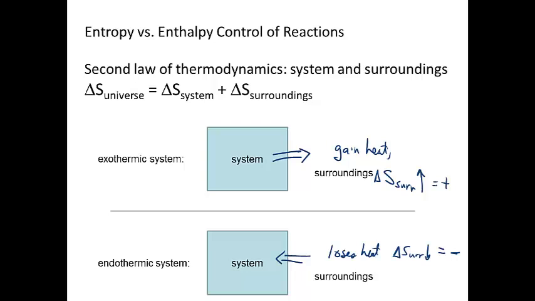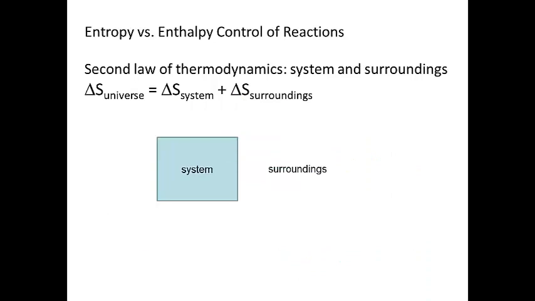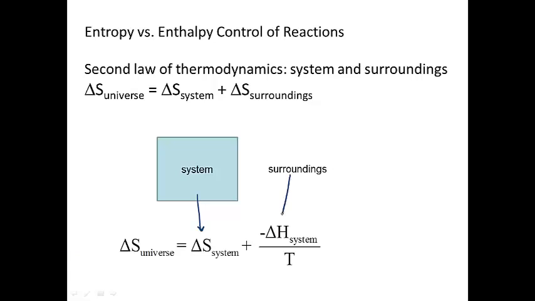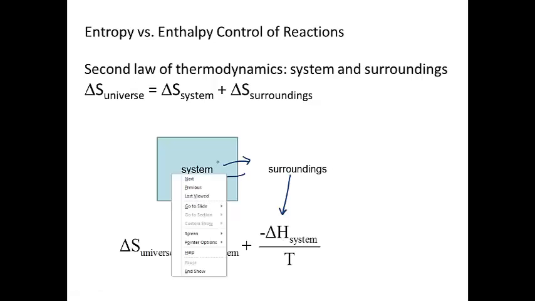And so for our overall reaction, we can calculate the entropy change for the system itself, but now we can also calculate the entropy change for the surroundings based on how much heat the surroundings gains or loses. The system has its own delta S, and we've talked about how to calculate that. The delta S for the surroundings is equal to minus delta H for the system. That is how much energy is coming into or out of the system, but from the perspective of the surroundings.